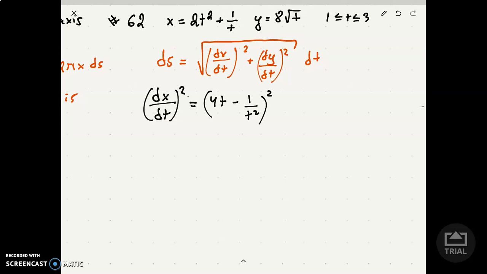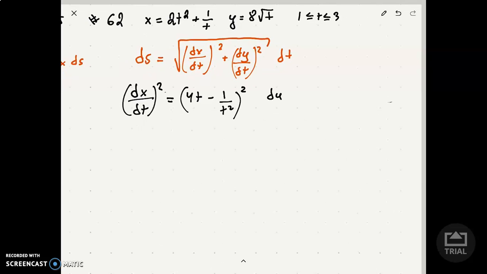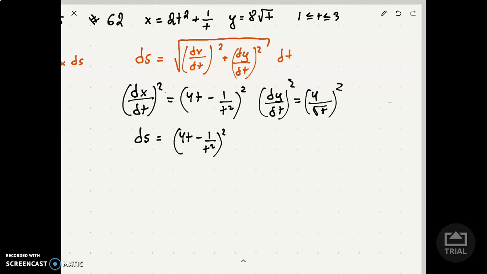And then dy/dt is 4 over root t, and then we're squaring that as well. So let's just add those together. So ds is equal to the square root of 4t minus 1/2t squared, the quantity squared, plus, well, this one we can clean up right away, 16t, and all of that is under the root, and we have dt.